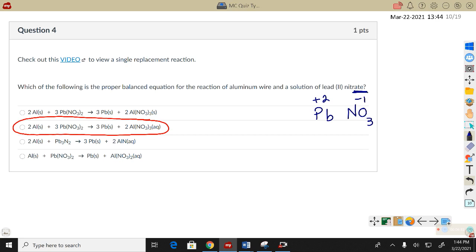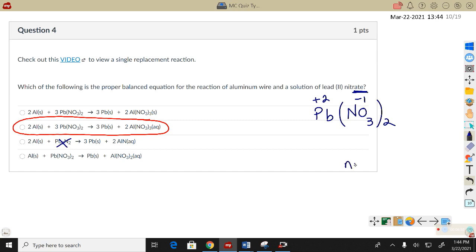So polyatomics will be given to you. They're on that chart on page 98 in your book. But the key is that I have to watch the ending. ATE is nitrate. And from here, I just either crisscross the charges or balance it. To make this neutral, I'm going to need 2 nitrates. This third one down is not lead nitrate.